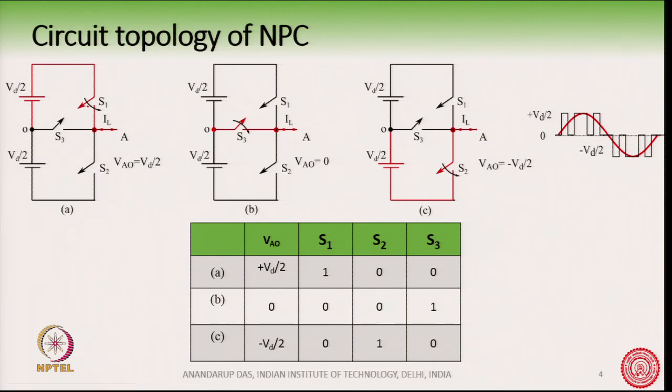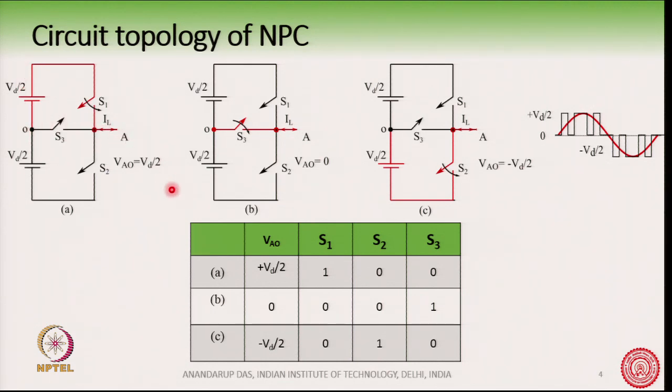Suppose this is shown in this figure and also in this table. If I turn on S1 and I turn off S2 and S3, then with respect to this O point or 0 point, the voltage VAO is Vd by 2.